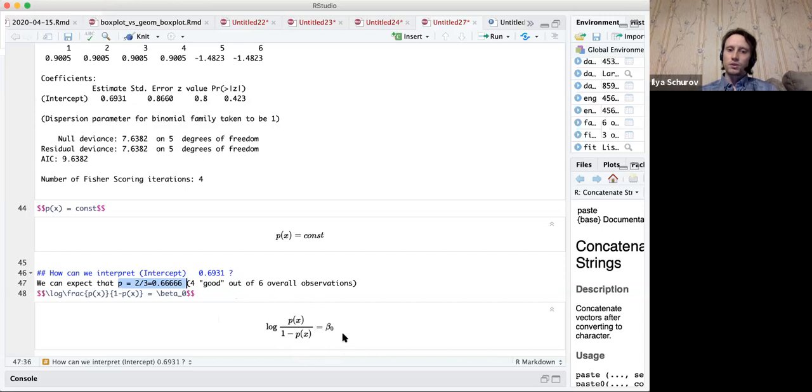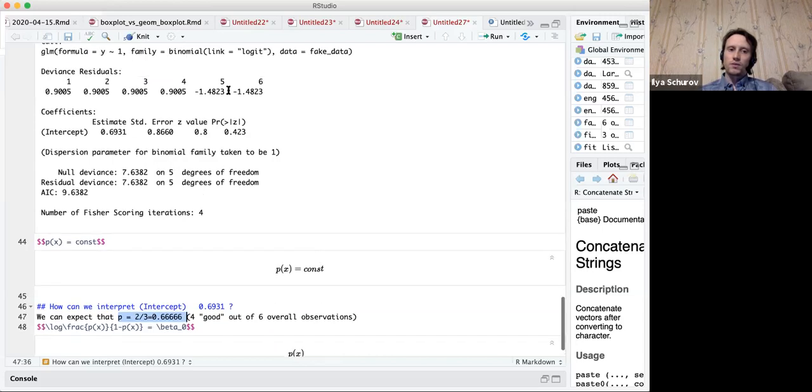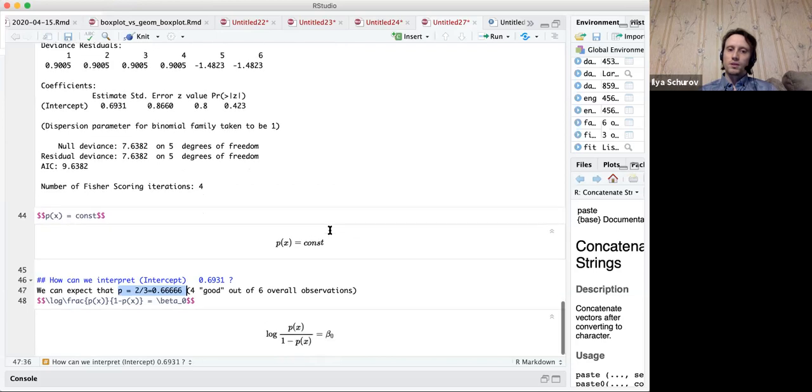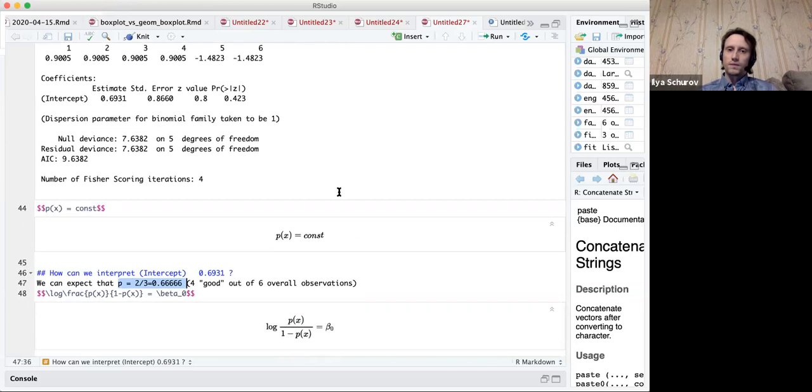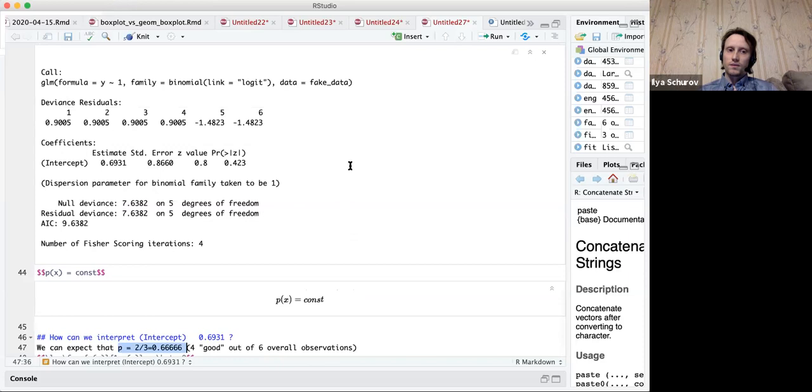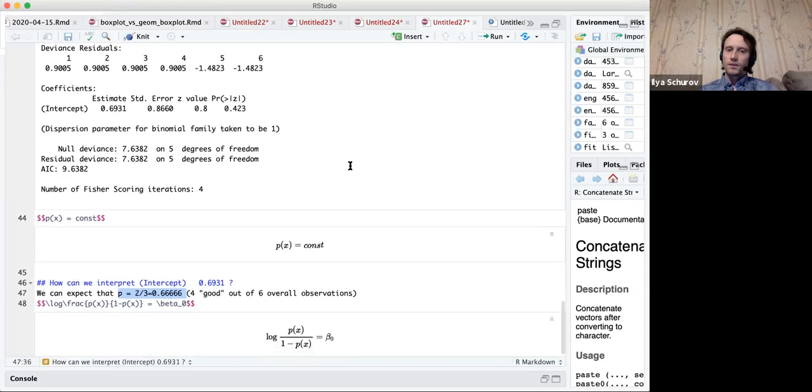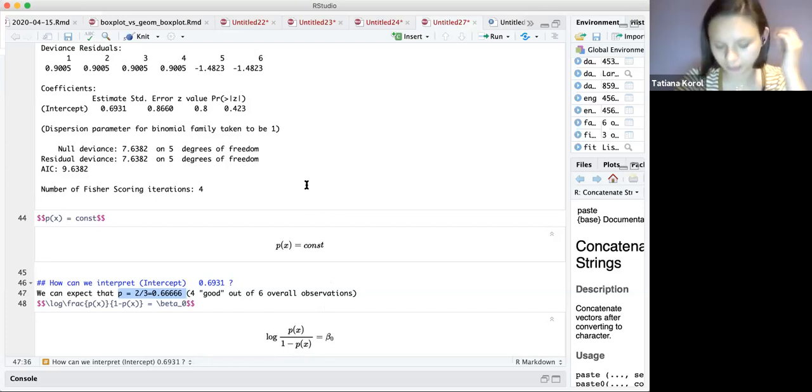And what is beta naught in our results? Is it e power z?